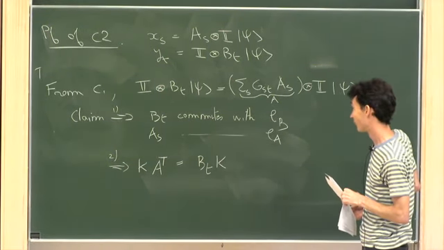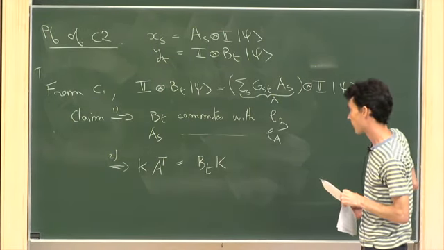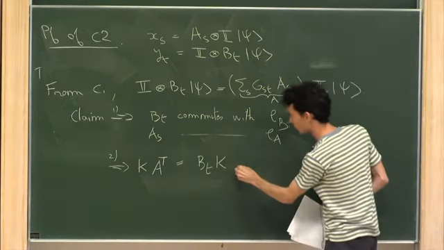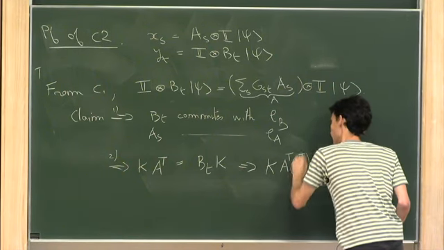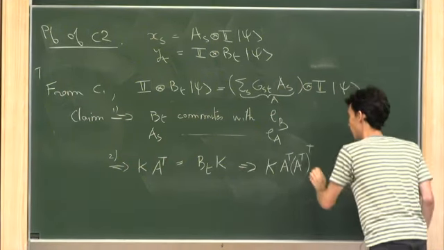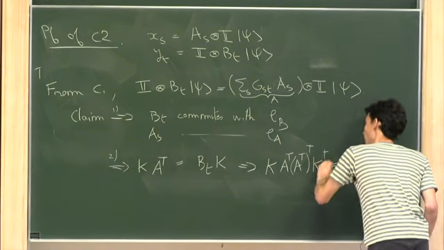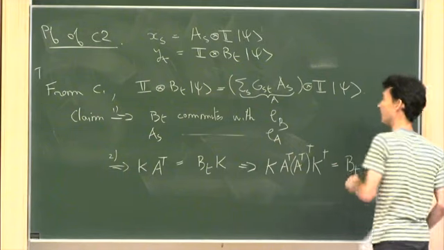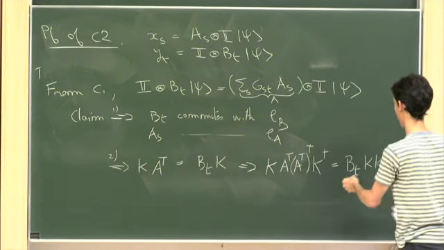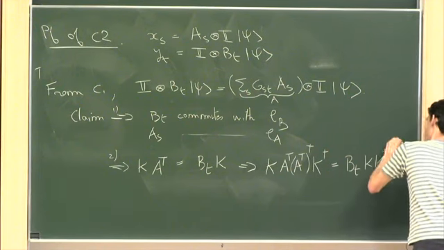Okay, let's square this equation. So multiply left and right hand side by the daggers. So I'll get that K A transpose dagger K dagger is equal to BT K dagger. Oh, I'm doing it, well, no, BT dagger.